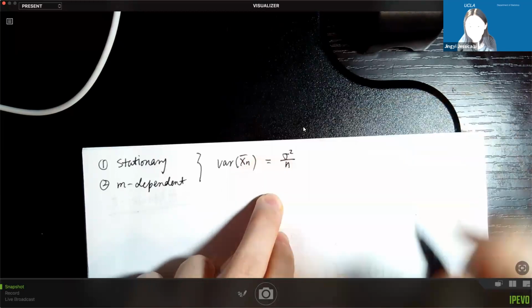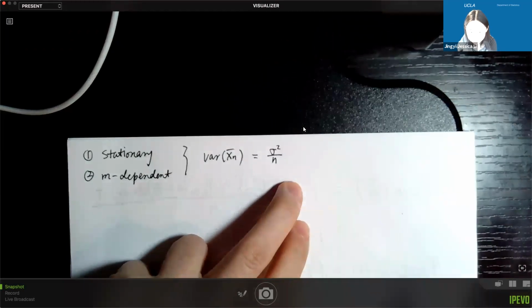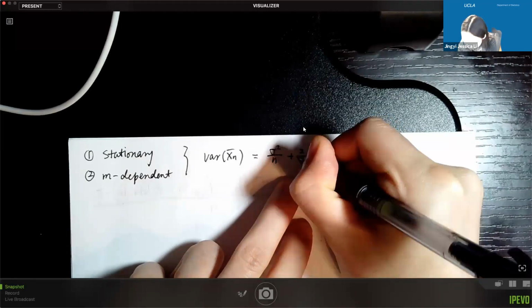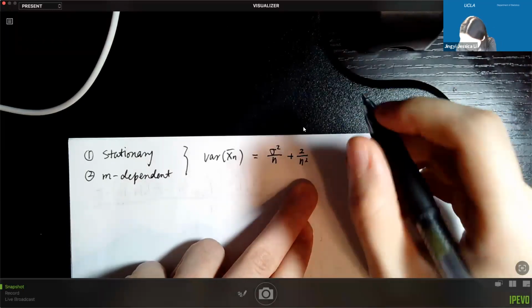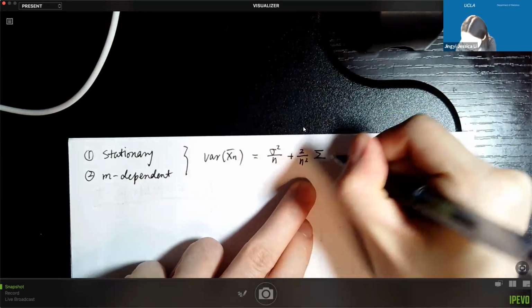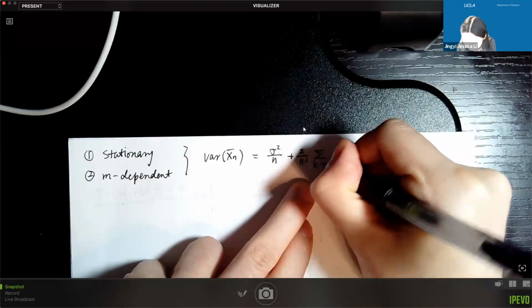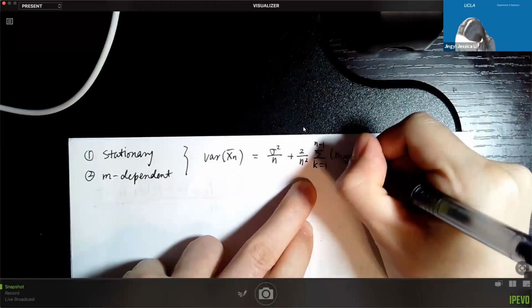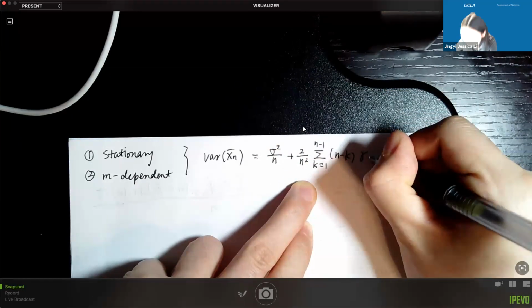I'll define the notation soon, but let's write it down first. So sigma squared over n plus 2 over n squared times a summation where k goes from 1 to n minus 1 of n minus k times gamma k.